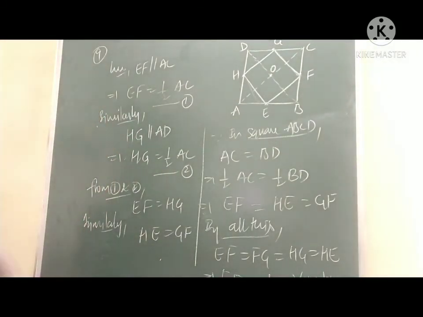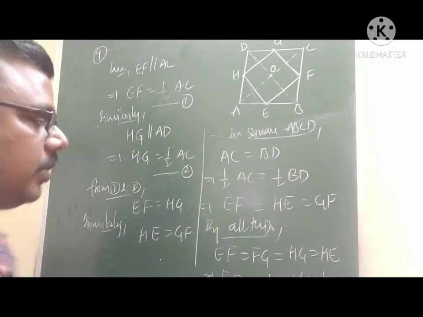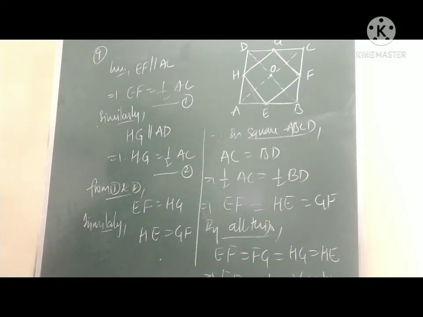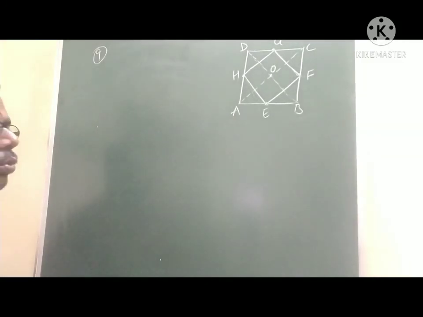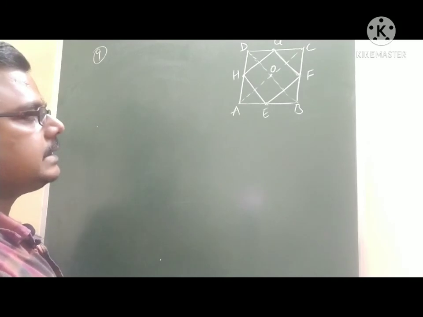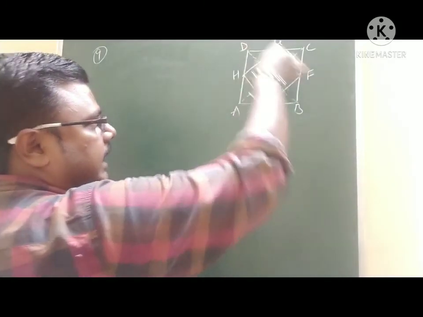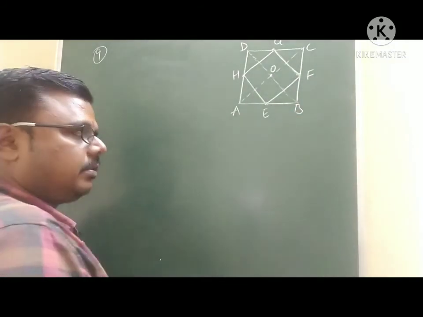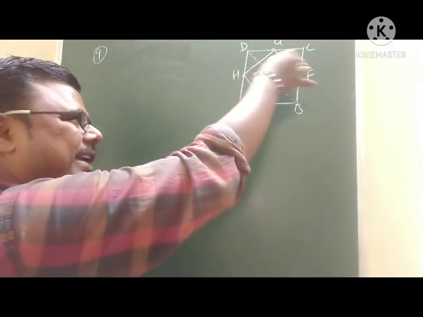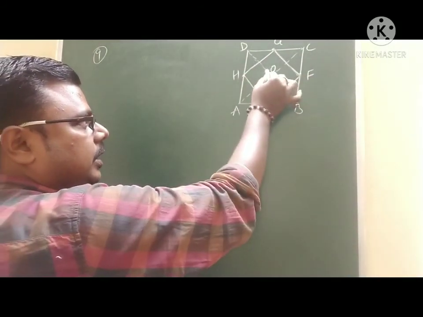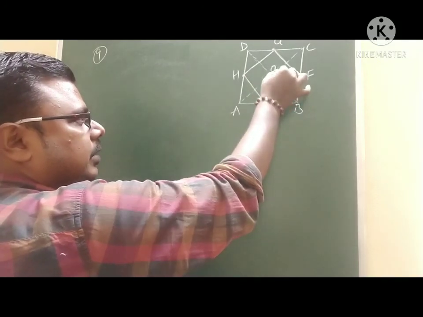Now we need to prove that it will be a square. To prove a square, I need to get at least one of the angles as 90 degrees. Before proving that, as you know, AC and BD bisect each other, and the diagonals are perpendicular to each other, right? So here also 90, here also 90, here also 90, and here also 90.